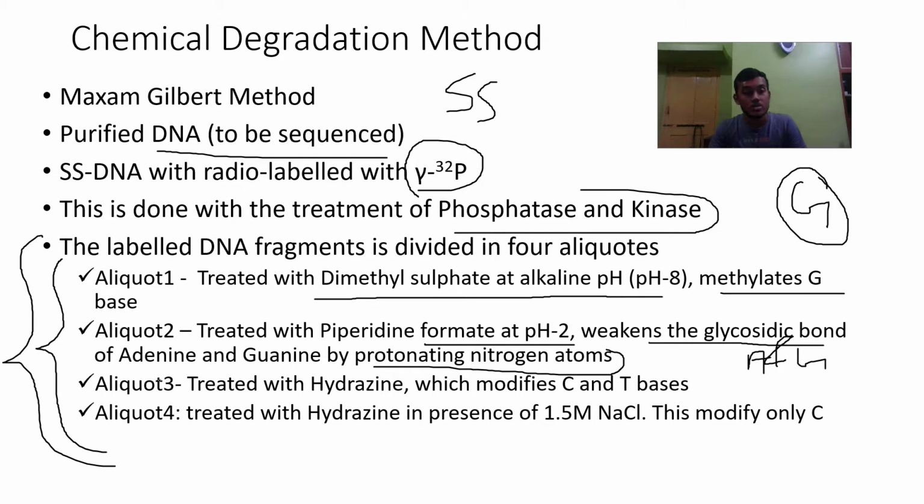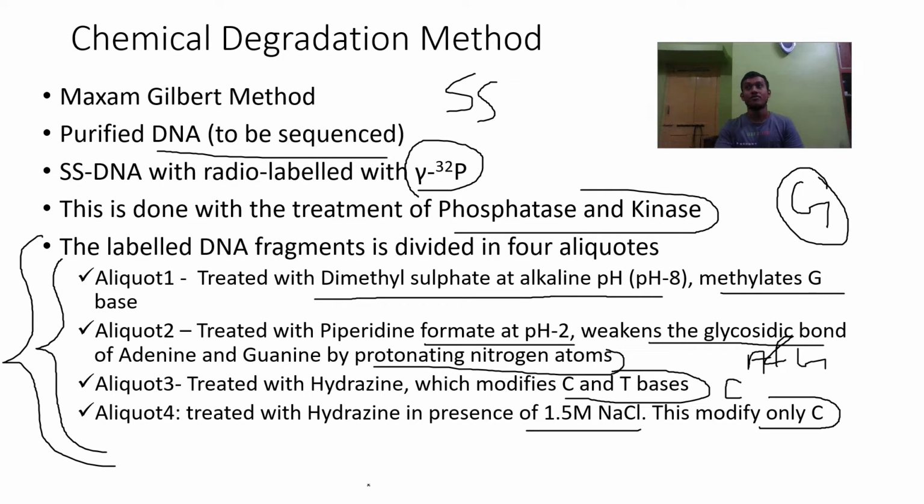Coming to aliquot 3, which will be treated with hydrazine, which will modify C and T bases. And the last aliquot will be treated with hydrazine in the presence of 1.5 molar NaCl, which will modify only base C.